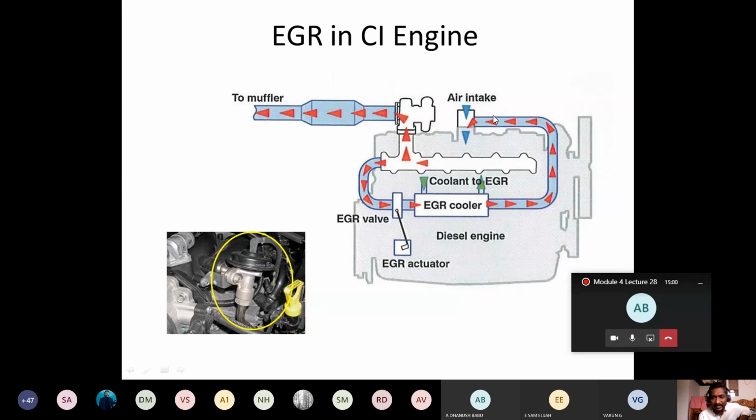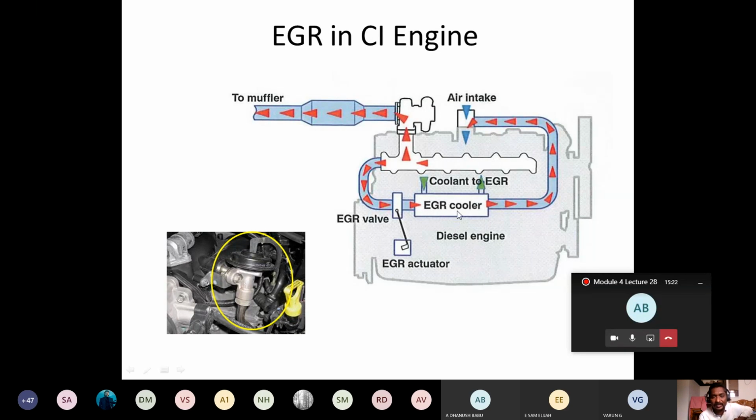And the remaining exhaust gas is going to be left to the surroundings. There will be an EGR valve, and depending upon the engine operating condition, this EGR valve will open. The valve opening is taken care of by the engine control unit.